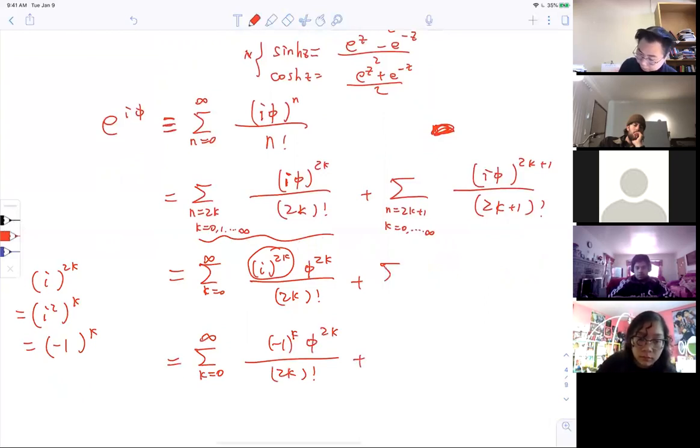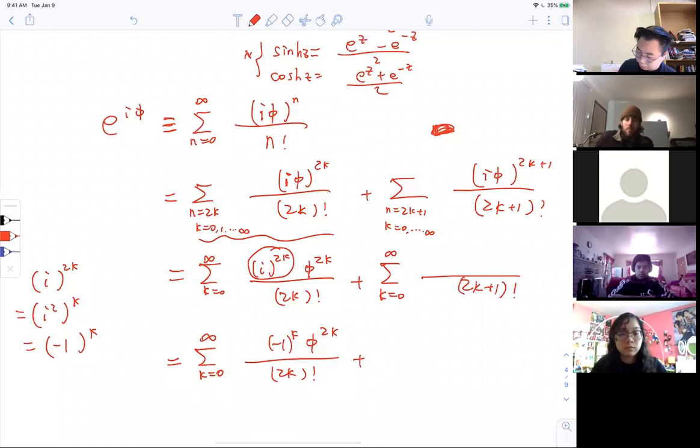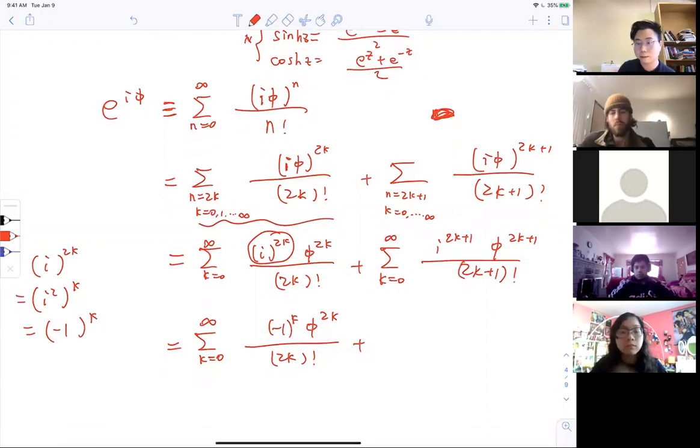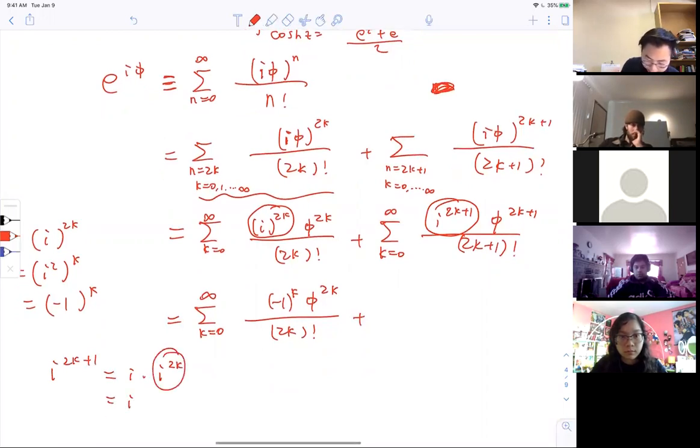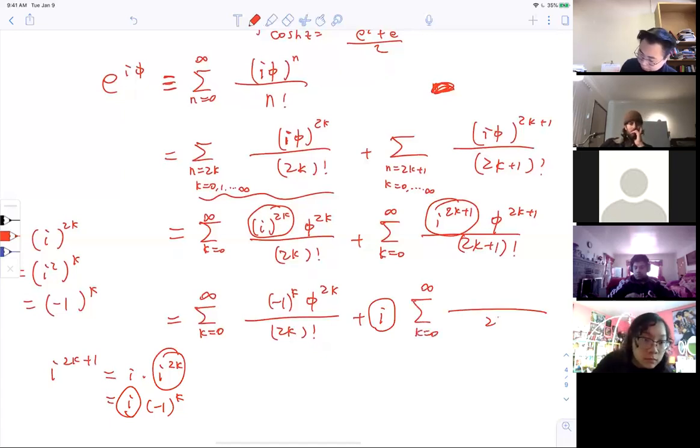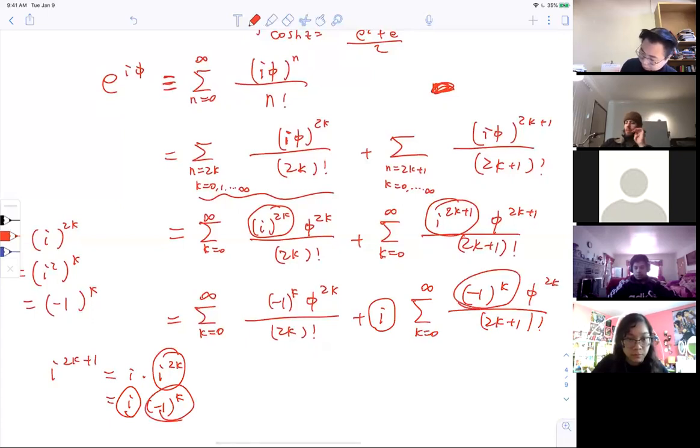And for this one, k from 0 to infinity, over 2k plus 1 factorial, we have i^(2k+1) phi^(2k+1), right? So i^(2k+1) equals i times i^2k, and i^2k is (-1)^k. So this i corresponds to this i, and (-1)^k over 2k plus 1 factorial corresponds to this one, times phi^(2k+1).